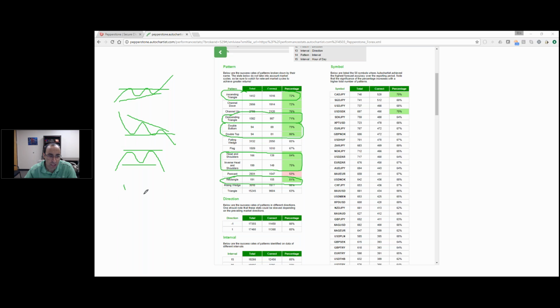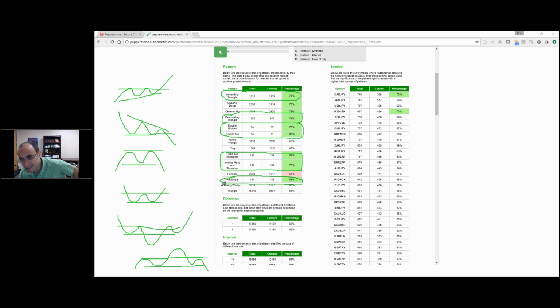This is what a double bottom looks like. This is what an inverse head and shoulders looks like. This is what a head and shoulders looks like. What do you notice about these patterns?